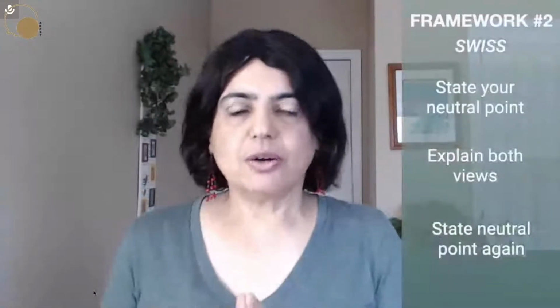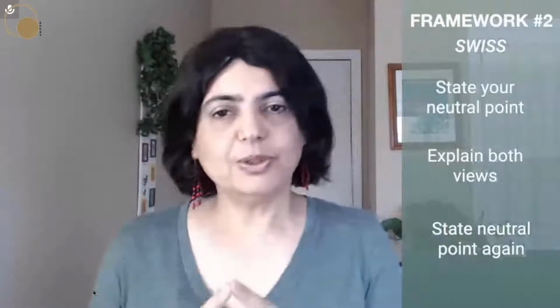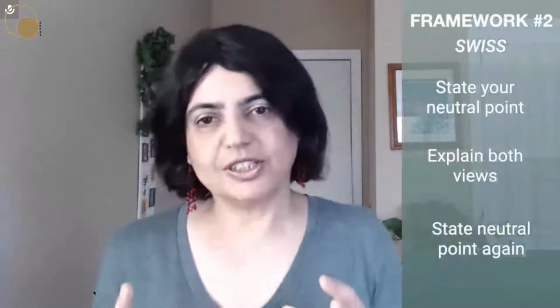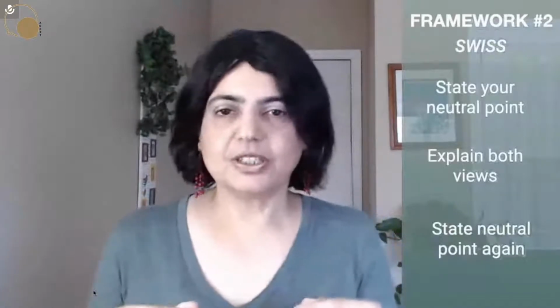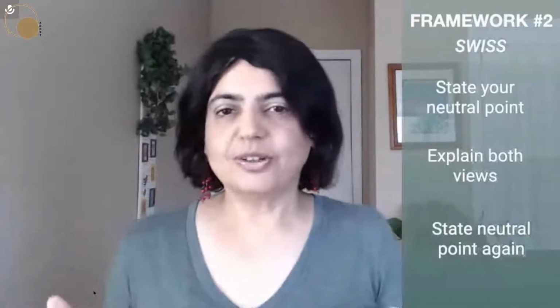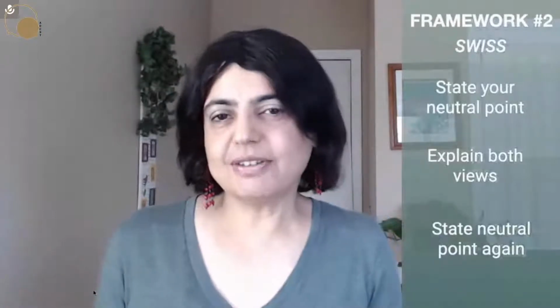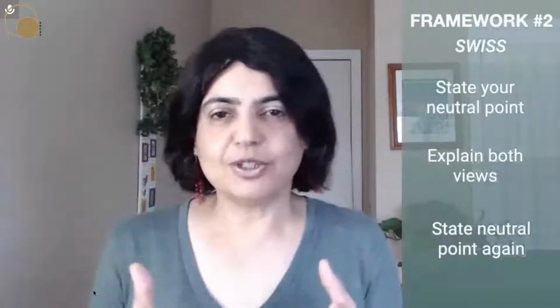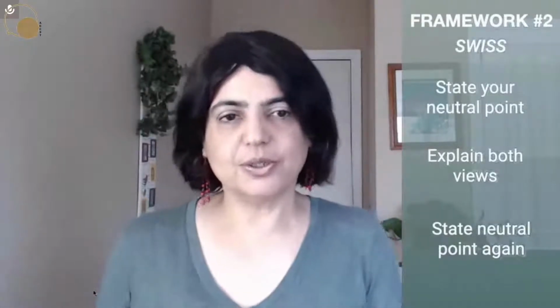Today I'm going to share what I call the Swiss framework. For people who know, Switzerland is a neutral country. Just like that, when you are asked a question about two things or maybe multiple things and you don't agree with any of them or you don't have an opinion, you could use this. So here is how you would do this.